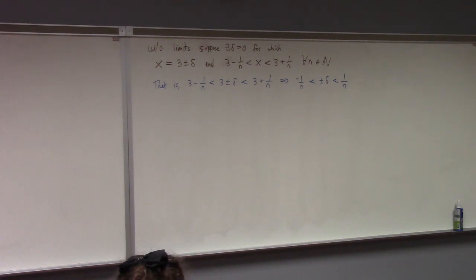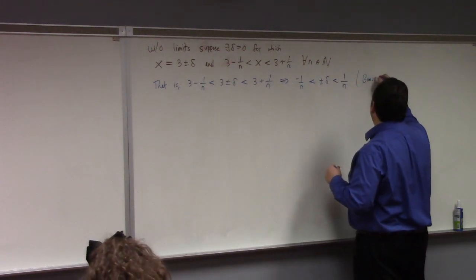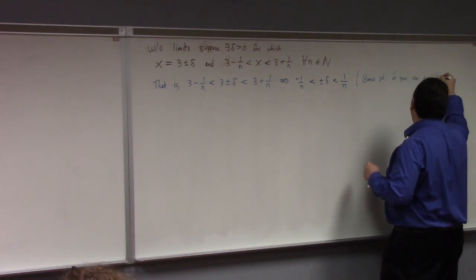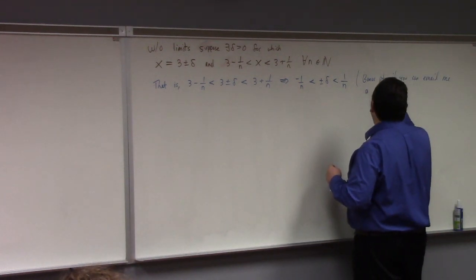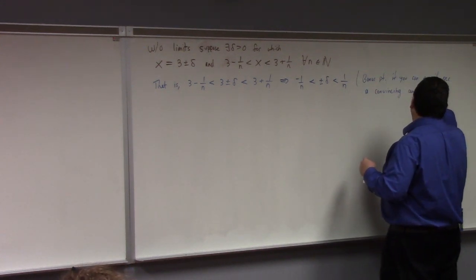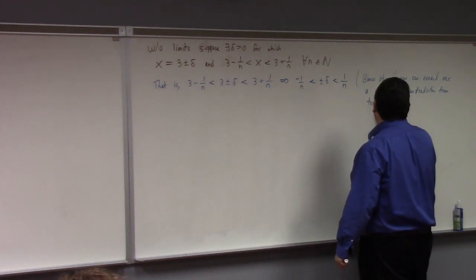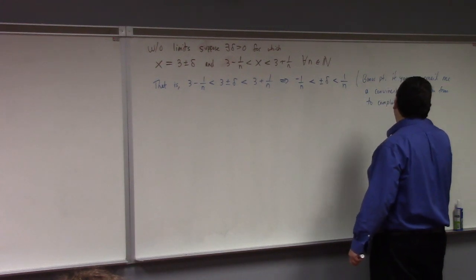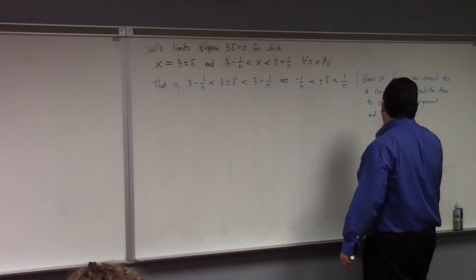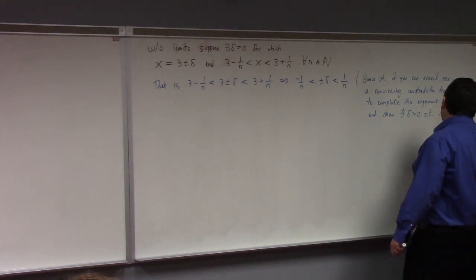So let me just leave it. Here's a bonus point opportunity. If you can email me a convincing contradiction to complete this argument, and show there does not exist a delta greater than 0 such that x is equal to 3 plus or minus delta.